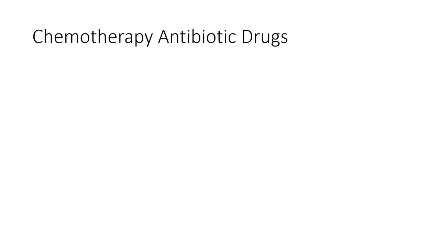There's also a group of chemotherapy agents that are chemotherapy antibiotic drugs or anti-tumor antibiotics. These are not your normal antibiotics that I just covered in Chapter 9. These are certain types of antibiotics used to kill cancer cells, but they do adversely affect rapidly dividing human cells as well as rapidly dividing cancer cells.